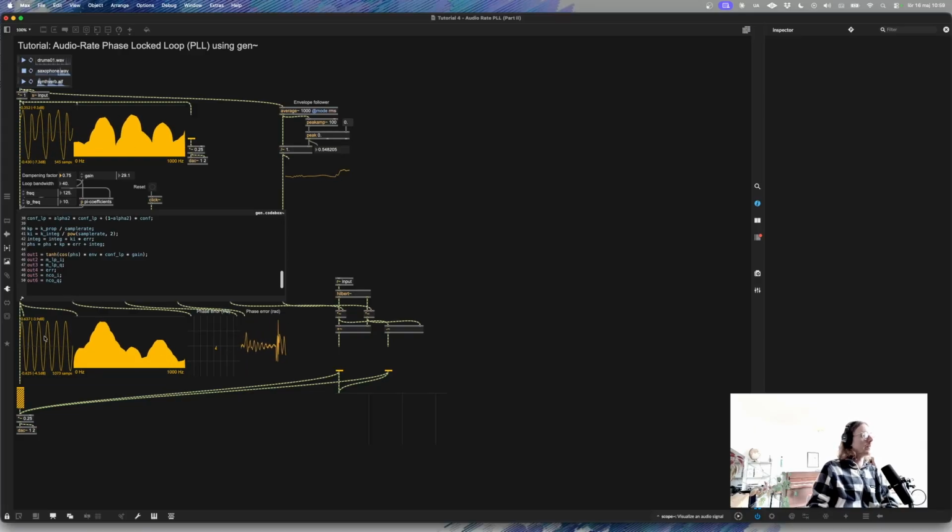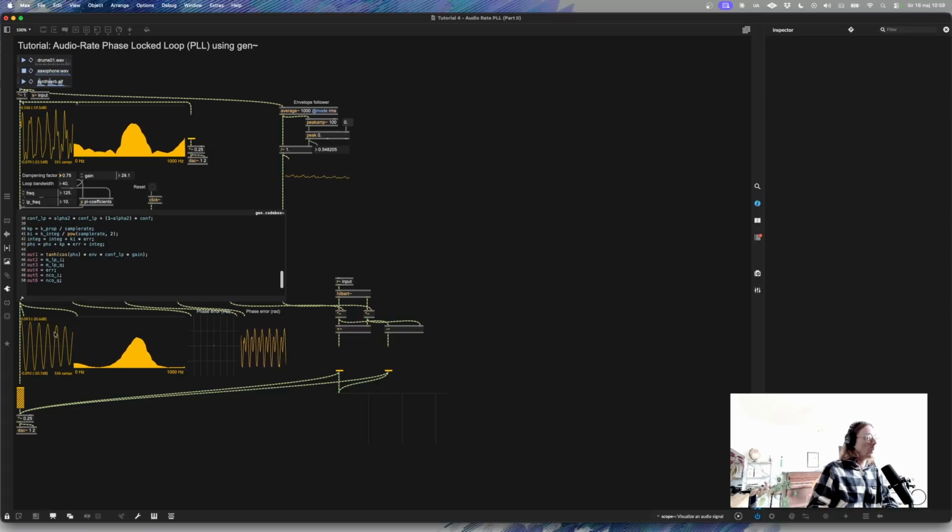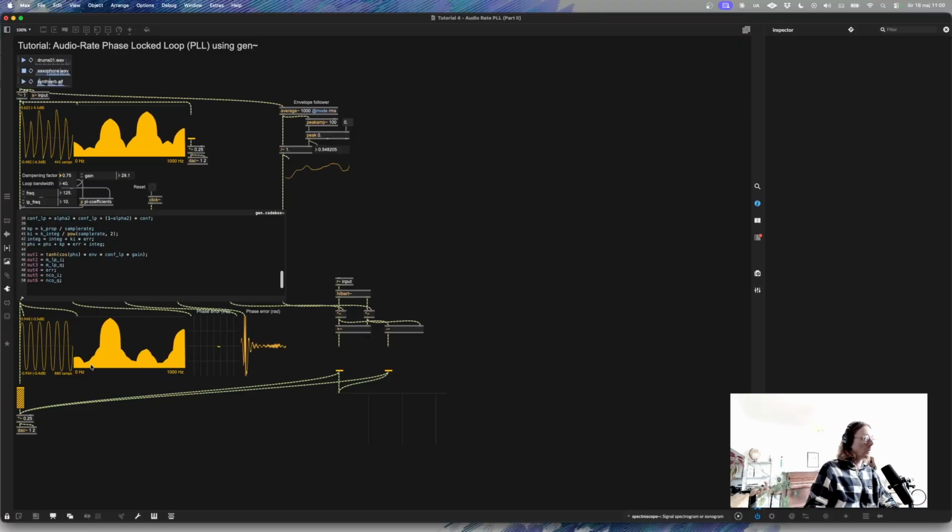We have this amplitude dependent wave shaping of the output, which causes this to become increasingly more square wave as the amplitude increases, which gives it a little bit more responsive feel to it, almost like we open up a low pass filter as the amplitude increases.